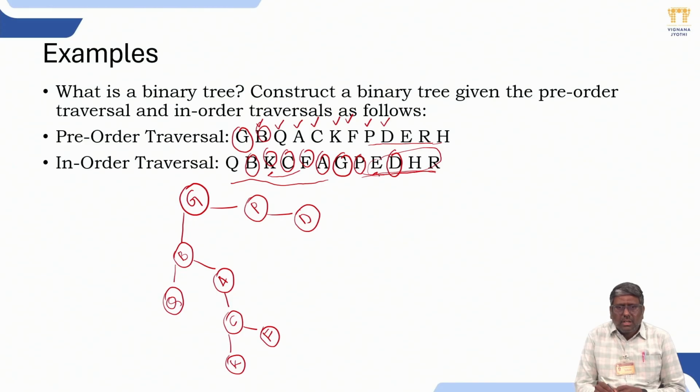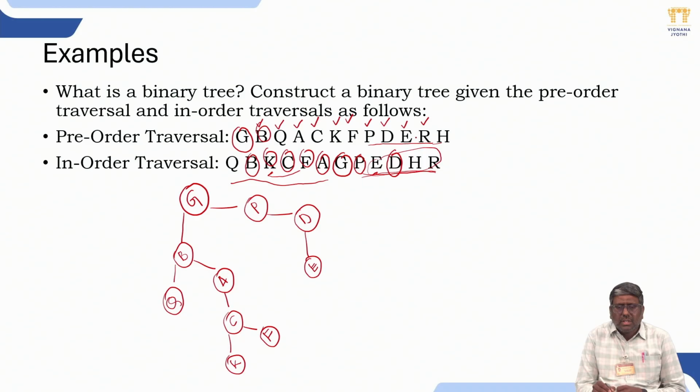So D has one left child, which is E, and D has 2 right children, which are H and R. So among that, which one will come first? For that we can go to the pre-order traversal.